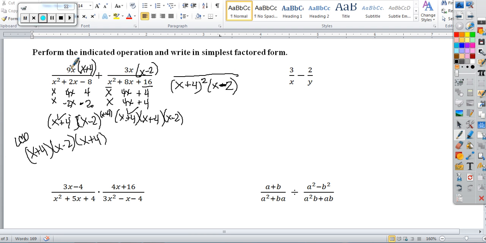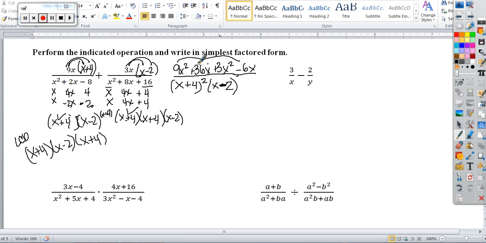And in the numerator, we're going to distribute and simplify. So we get 9x squared plus 36x, and then over here we get plus 3x squared minus 6x. Okay? And now all we have to do is combine our like terms in our numerator and see if we can simplify that.